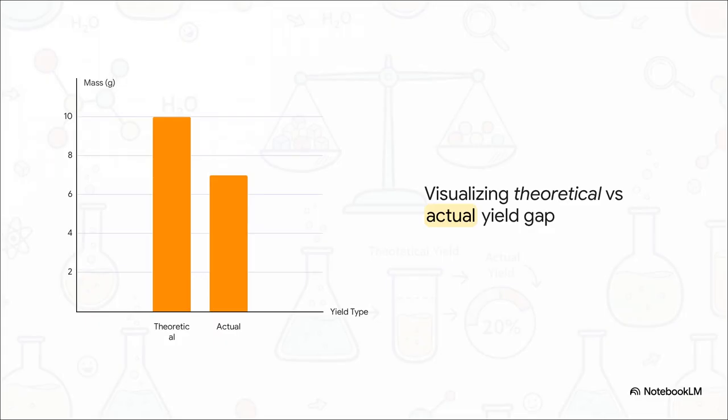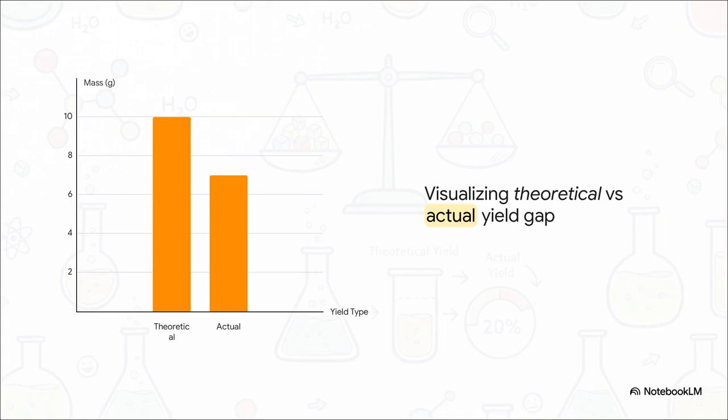Let's apply this to a real scenario to see it in action. Notice the scale of these 2 bars. That first bar shoots right up to a theoretical expectation of 10 grams. That's our perfect paper calculation. But look right next to it. Our actual physical reality stops short at just 7 grams. Really focus on that distinct visual gap between the tops of those 2 bars.